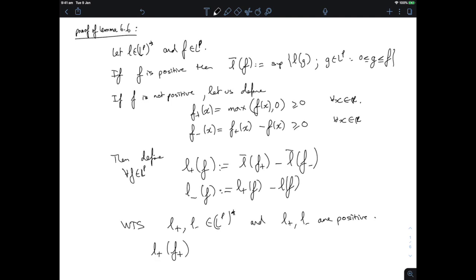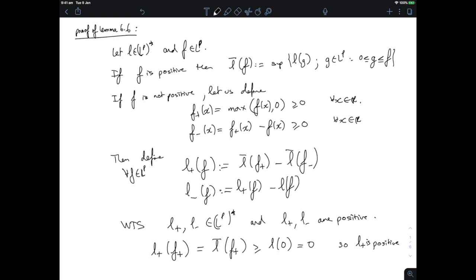If f is positive, then f is equal to f plus, and then I get by definition that it is L bar of f plus. And what can I say about L bar of f plus? Well, it's certainly greater or equal than L of 0, because it's the supremum of the L of g's over all g, and I could take g constantly equal to 0, and L of 0 is 0 by linearity. So L plus is certainly positive.